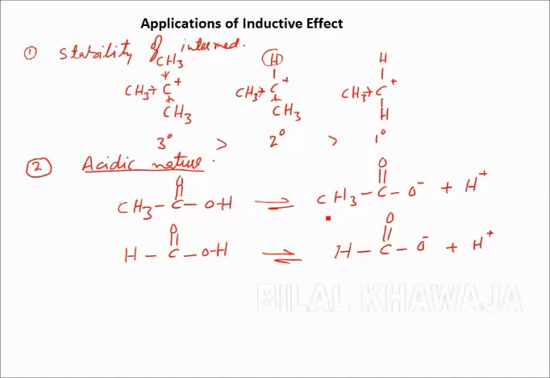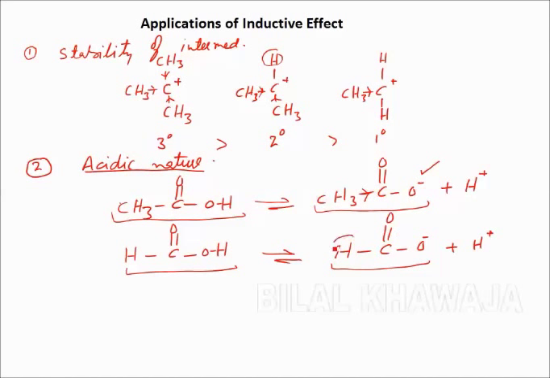The formic acid is a stronger acid than acetic acid. Why? Because the conjugate base of formic acid is more stable than the acetic acid conjugate base, right? In acetic acid you have a methyl group attached, and it is an electron donor, and that electron donor increases the density on the oxygen.